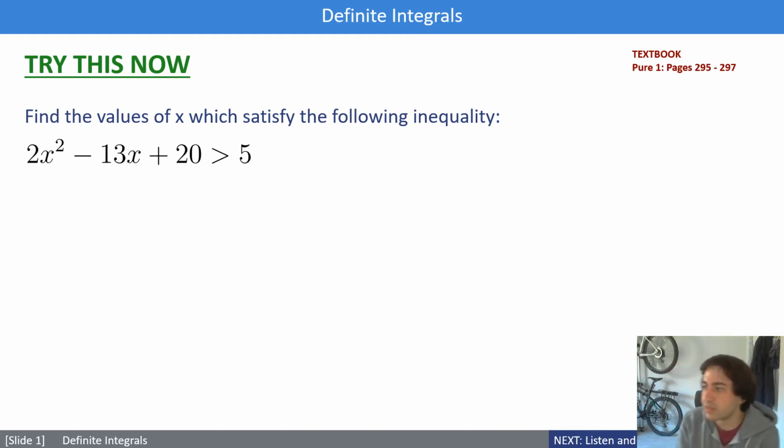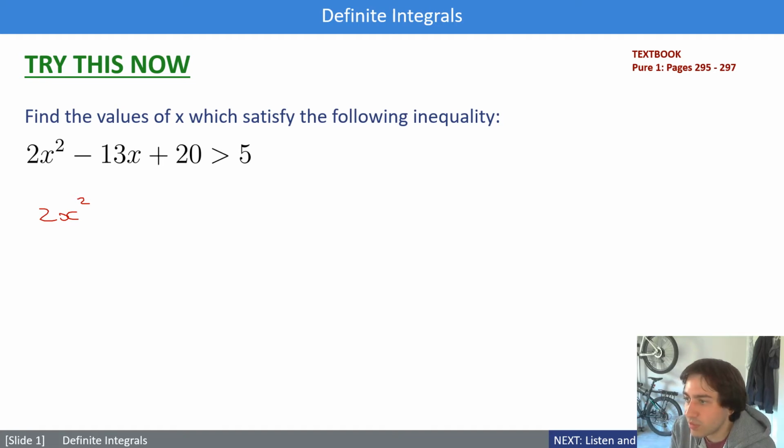Okay, so in this case, what we're going to do is first factorize the quadratic, which will then allow us to graph it, which will then allow us to visualize the inequality effectively and assign some meaning to it. So I'm first thinking of splitting this up as follows, with the key values of 5 and 8, because we've got 2 times 20 is 40 and minus 13.